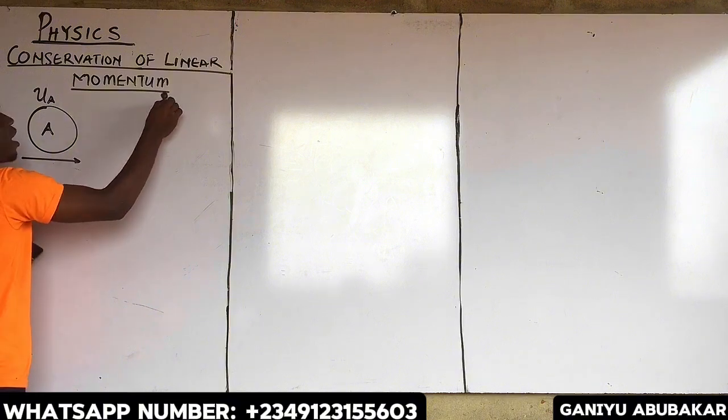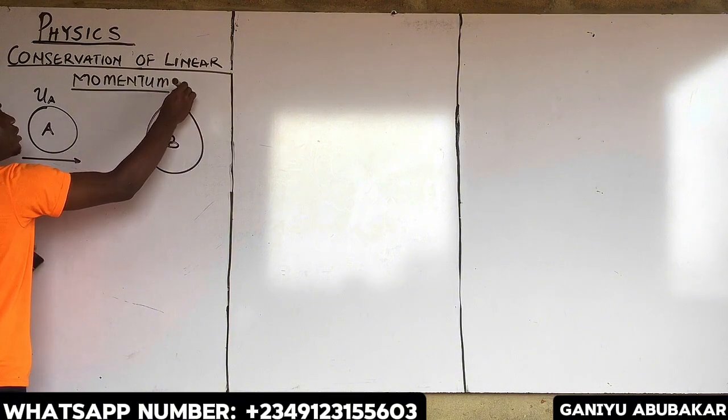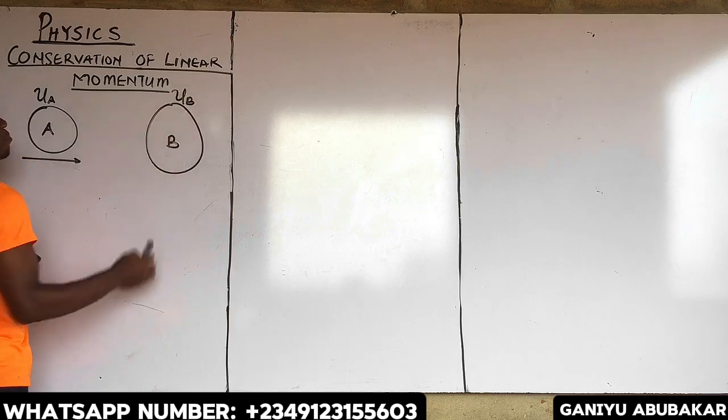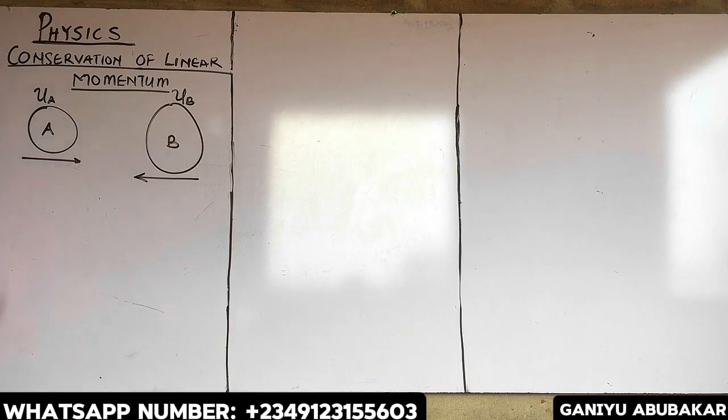And I have an object B, which moves with an initial velocity of u B, moving in this opposite direction.